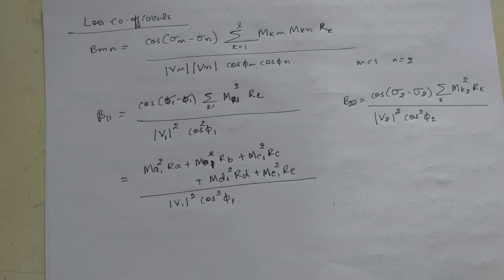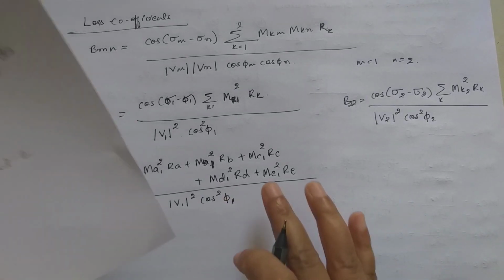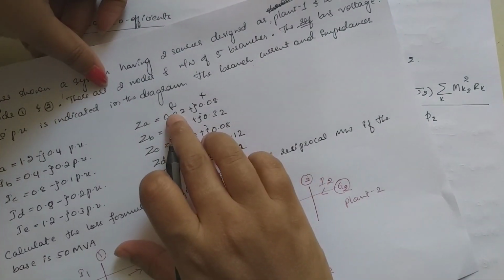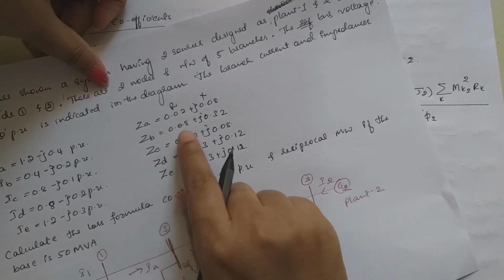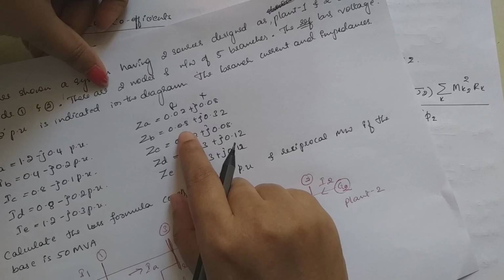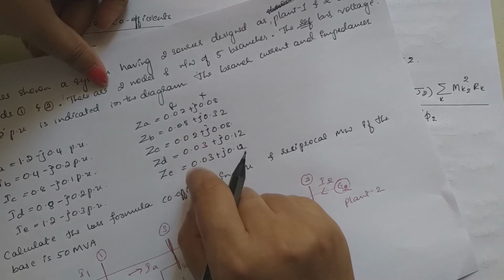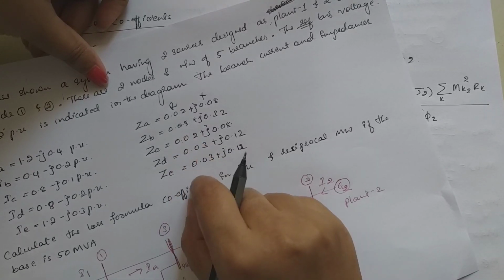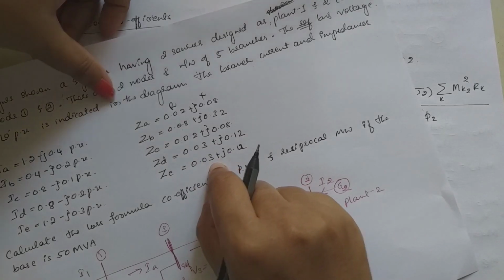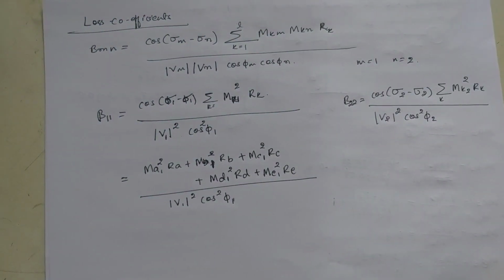We have calculated MA1, MB1, MC1, MD1, ME1, and also we have RA 0.002, RB 0.08, RC 0.02, RD 0.03 and RE 0.03. Substitute everything and calculate the value of beta 11.